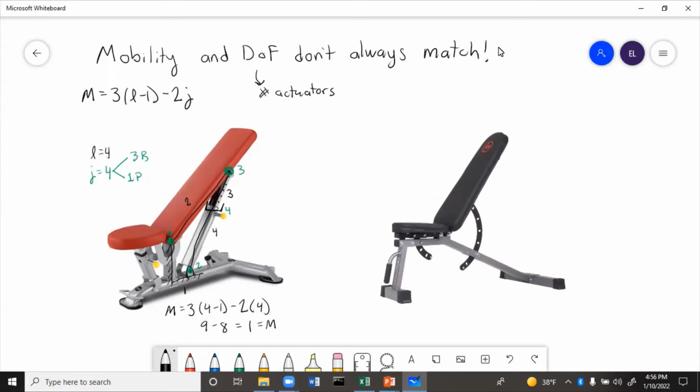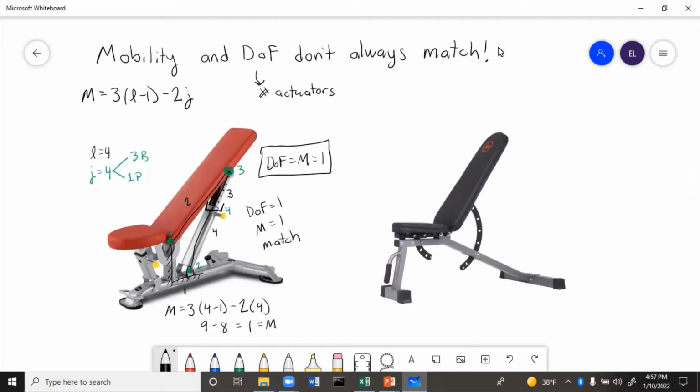Basically, you pull out that yellow rod, and that allows the slider to adjust. So that's 1 degree of freedom. How far you adjust the slider, the angle of the seat is whatever it has to be to match the height of that slider. So degrees of freedom here equals 1. Degrees of freedom is 1, M equals 1, they match. So degrees of freedom equals M equals 1 for this weight bench.